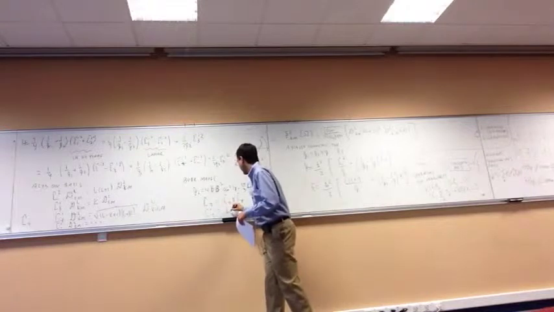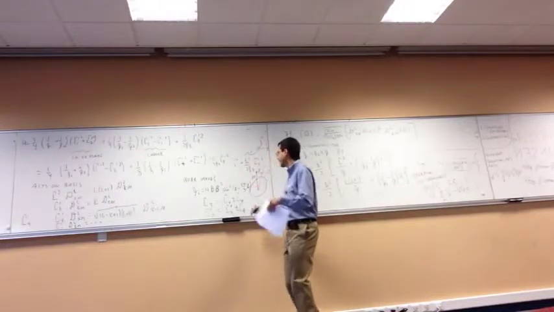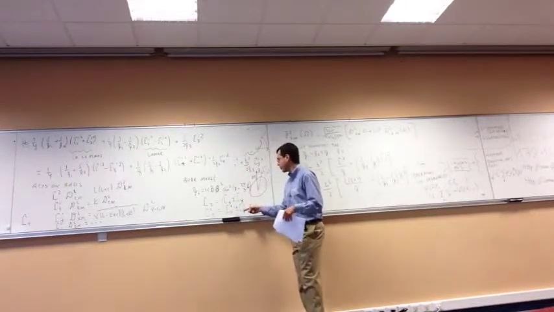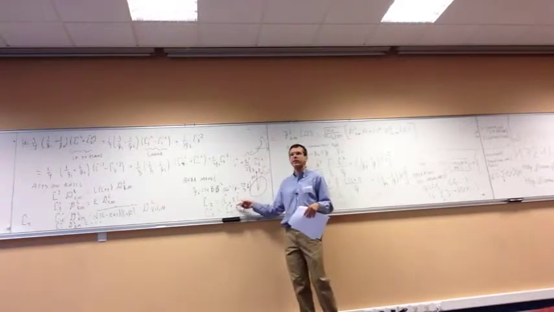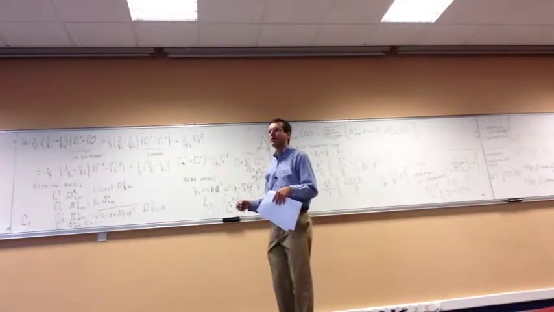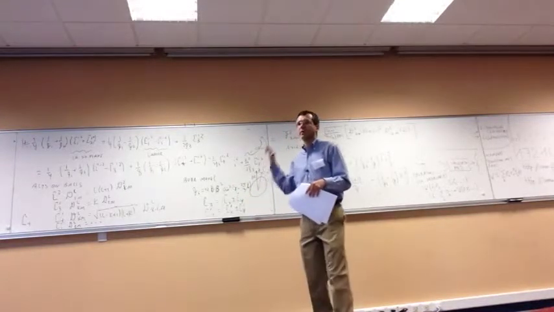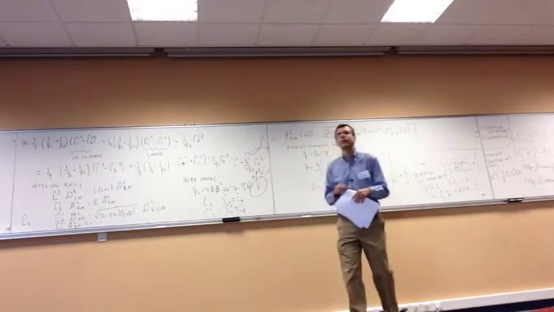L prime plus or minus is, naturally enough, L prime x plus or minus i L prime y. So it's the sign that goes between those components. It's just our unfortunate luck that that combination happens to lower the intrinsic projection instead of raising it. I do not pretend to have derived that.